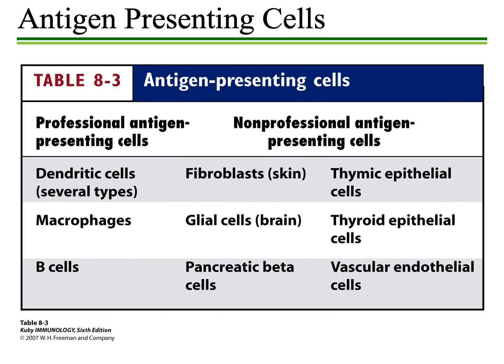Up until this point, we have been calling any cell that presents antigen to a T cell an antigen presenting cell. But now we can fine-tune that terminology in that the cells that present antigen to cytotoxic T cells are referred to as target cells.